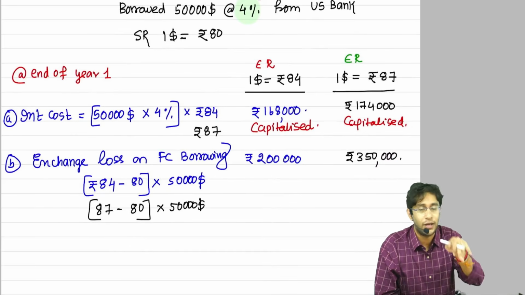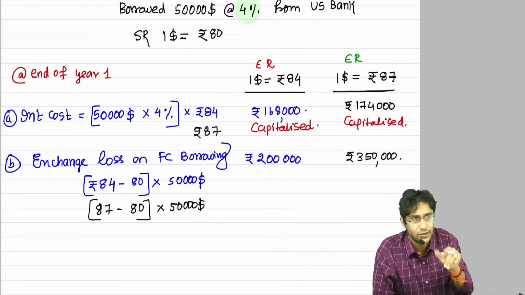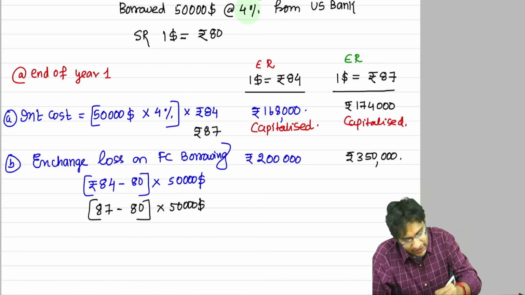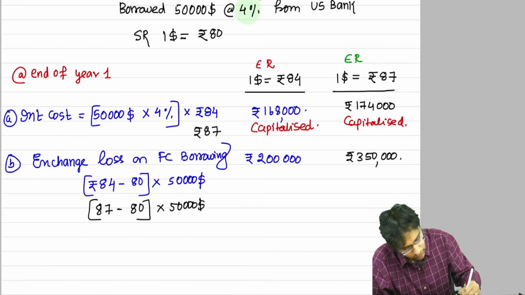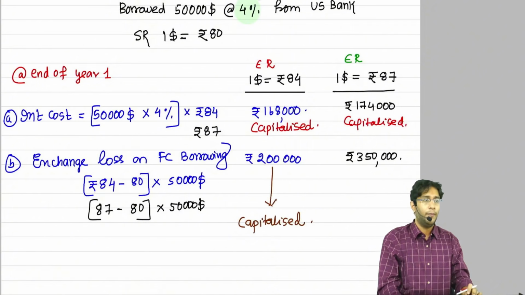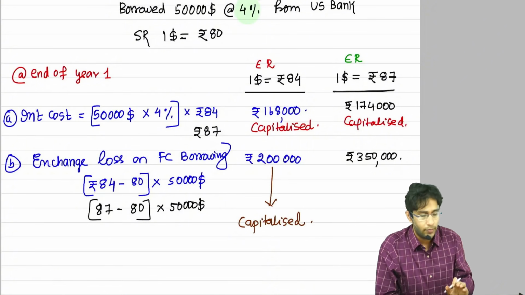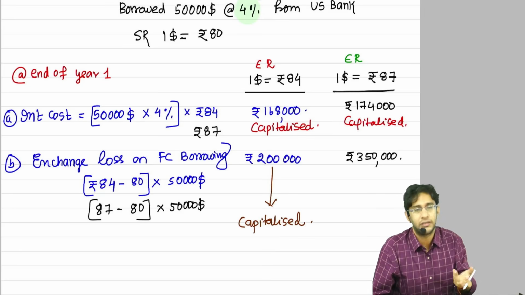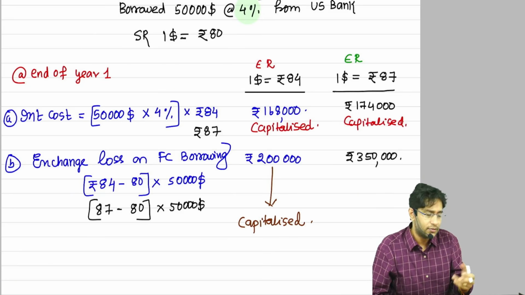But to capitalize 2 lakh 32,000, that much exchange loss you should suffer. But actual exchange loss is only 2 lakhs. So I have to restrict myself only to 2 lakhs. 2 lakhs is capitalized. Maximum 232, but to capitalize 232, my exchange loss should be 232,000 or more. But your exchange loss is 2 lakhs. So fine, you capitalize only 2 lakhs.